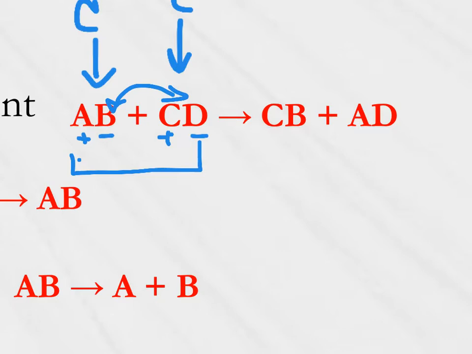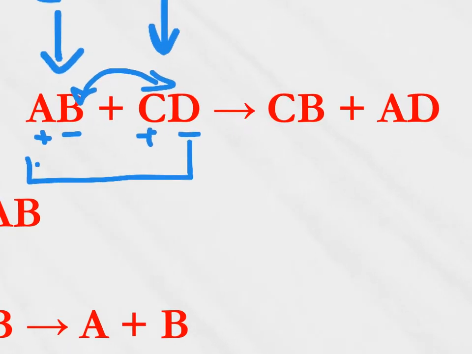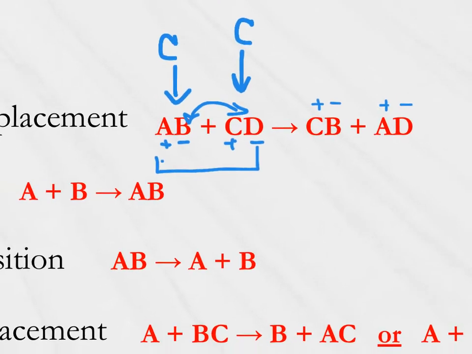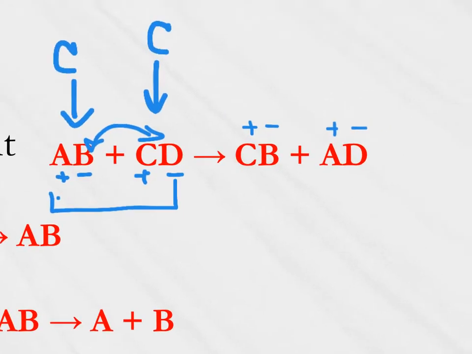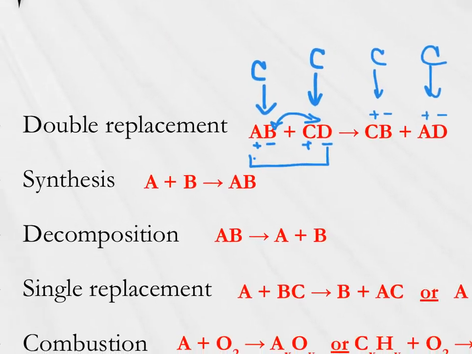The reason it says CB instead of BC is because of positive, negative, positive, negative. So when you write your formulas, make sure you always write your positive ion first. We end up with two new compounds. So that's a double replacement reaction.